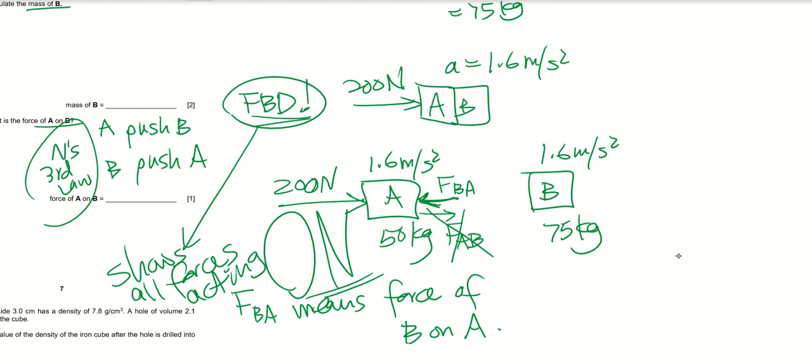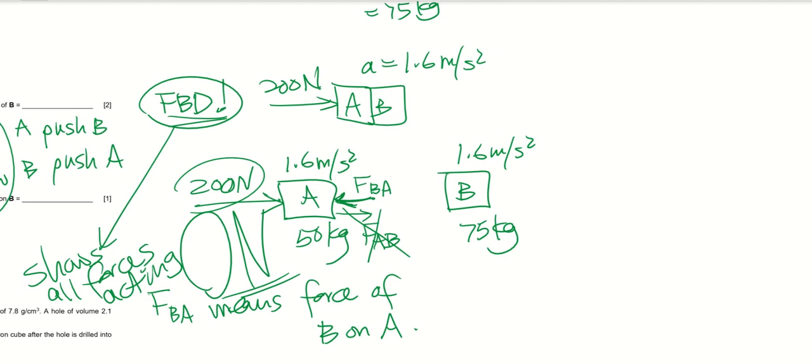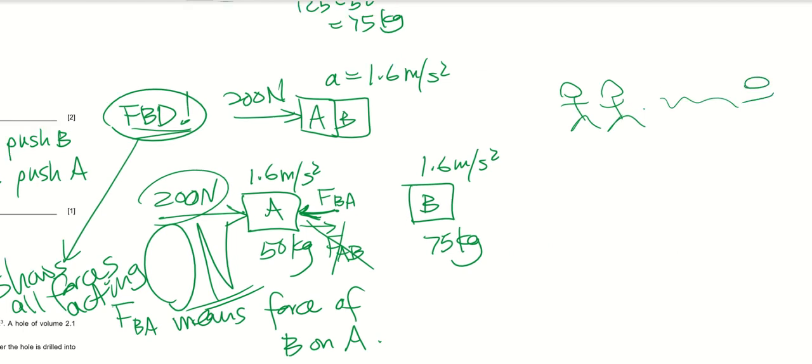Does this 200 Newton get pushed onto B? I will say no. I think I've used this example in class. Imagine you're at the front of a queue, with a lot of classmates queuing to buy Western food. The last guy pushes the guy in front, and so on and so forth, and in the end, you got pushed. Will you run to the back and scold the last guy?